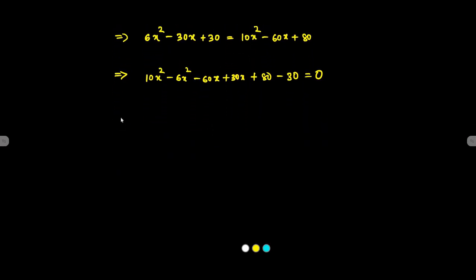That implies we have 4x square minus 30x plus 50 is equal to 0. So here we take 2 common, it becomes 2 into 2x square minus 15x plus 25 is equal to 0.